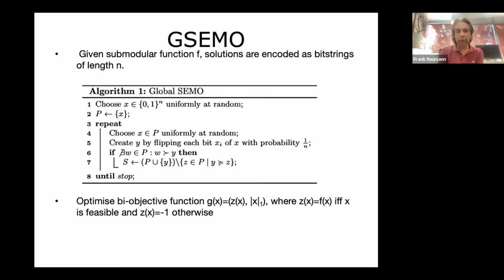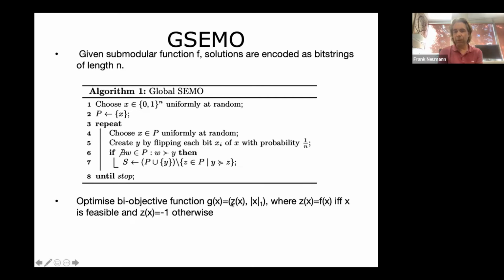So what we would like to do is maximize a function f that is submodular and monotone here. And we would like to select at most, let's say, k elements. How would I do that?